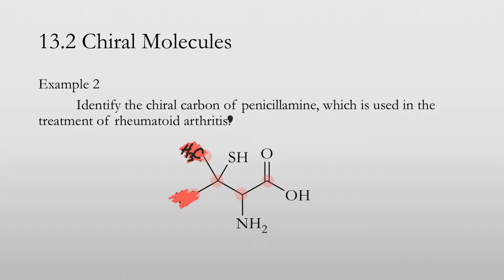I'm going to rewrite them in because I need it for the next carbon right here. You can see we have a methyl group and a methyl group bonded to that carbon. So no, not a chiral center. Now the carbon right here has a carbonyl, an amine, and this carbon right there, which is not a carbonyl, it has the thiol and 2 methyl groups bonded to it.